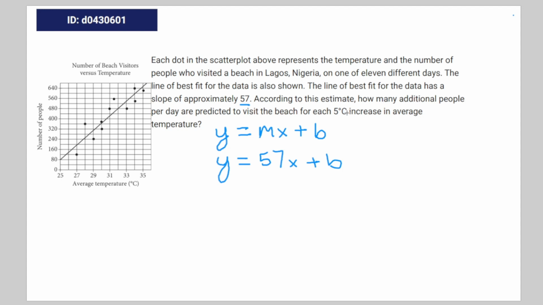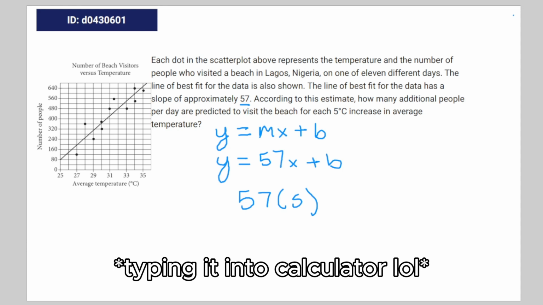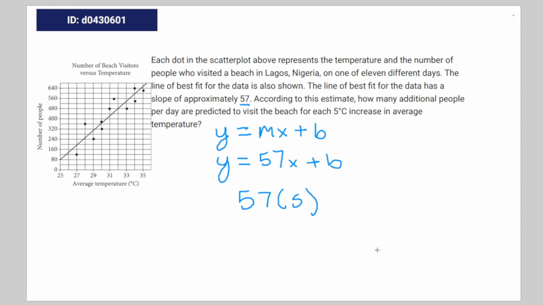So if x increases by 5, y will increase by 57 times 5. So therefore the answer is 57 times 5, which is 285. And that is the answer.